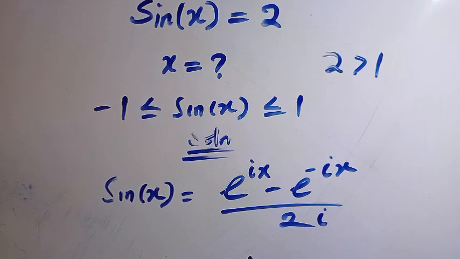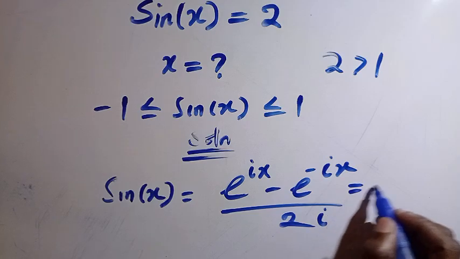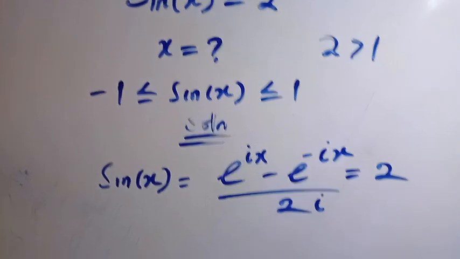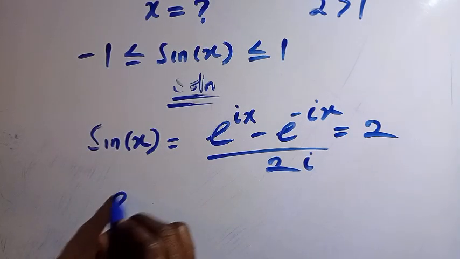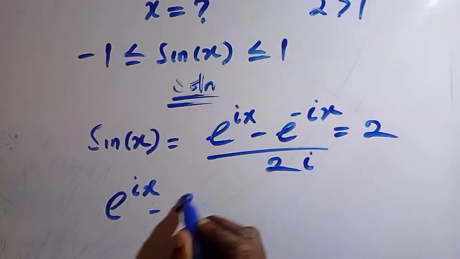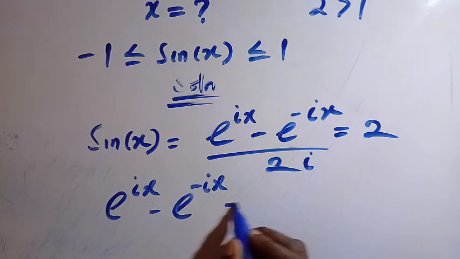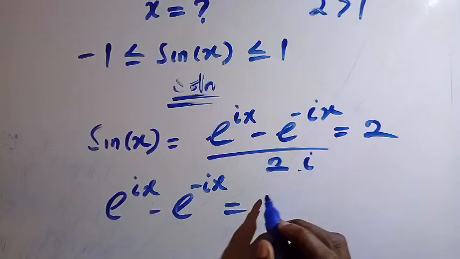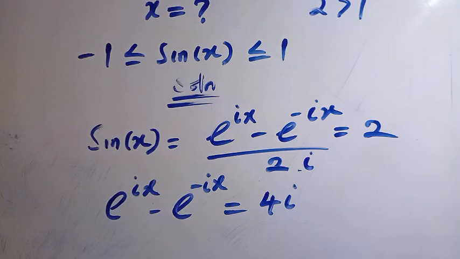This is what we have. And if everything equals 2, we are going to have exponential of ix minus exponential of minus ix equals 2i multiplied by 2. That gives us 4i.